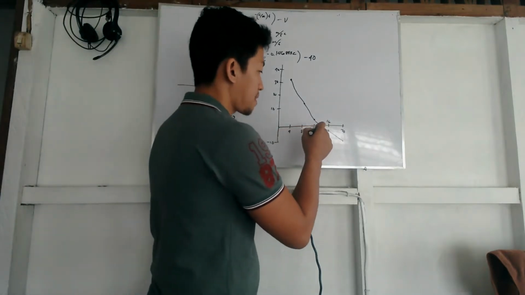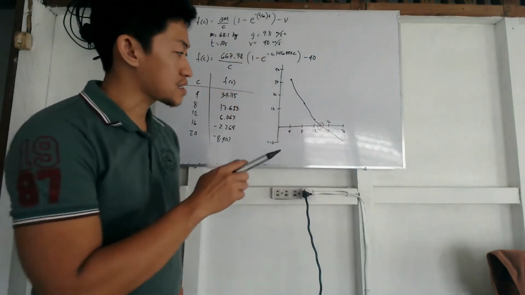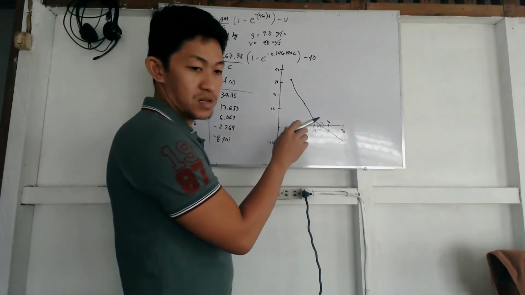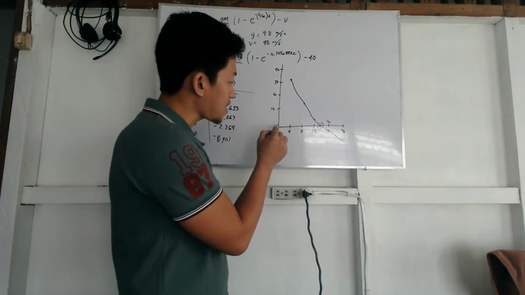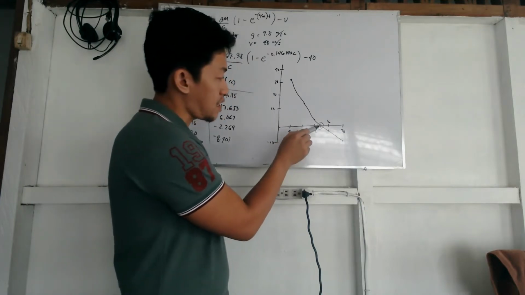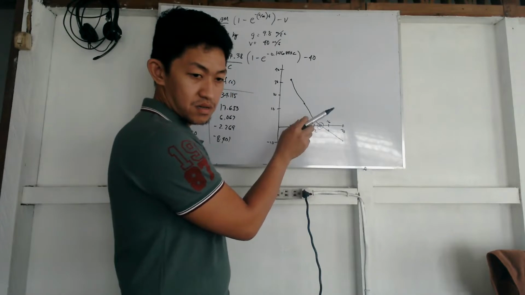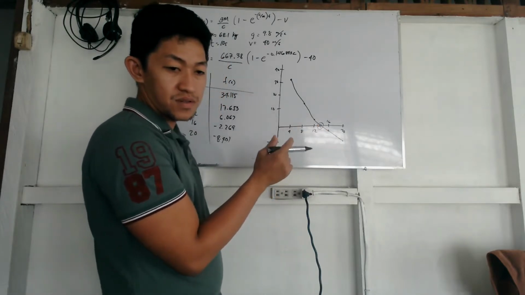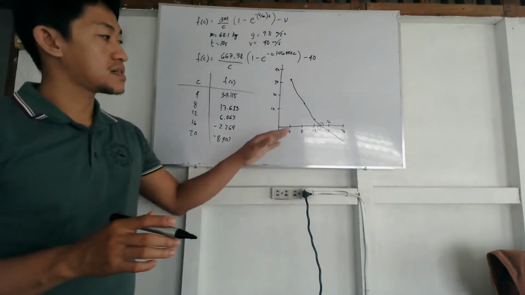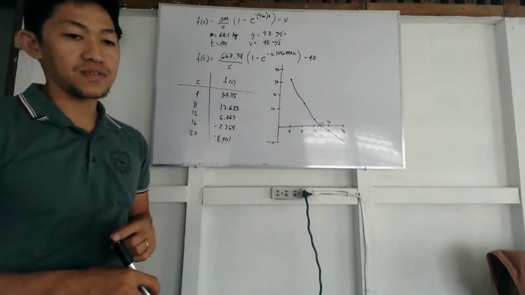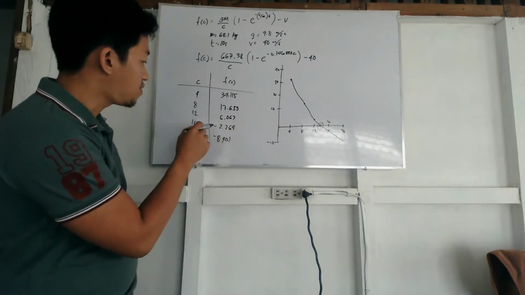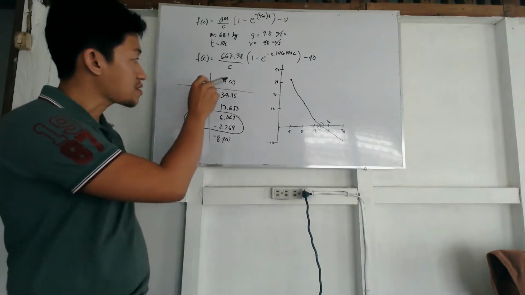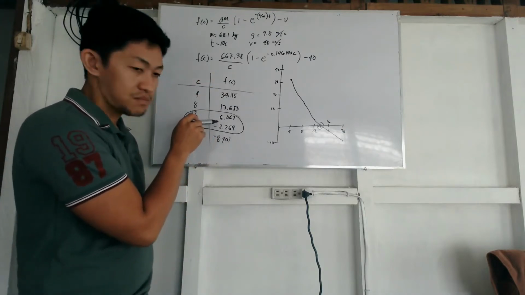What you have observed is that before the root, the value of y is positive. After the root, the value of y is negative. So there is a change in the sign of the value of y, positive and negative.